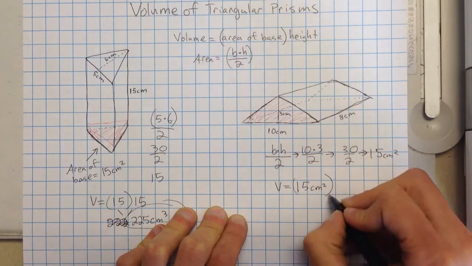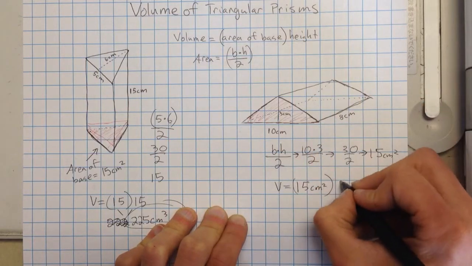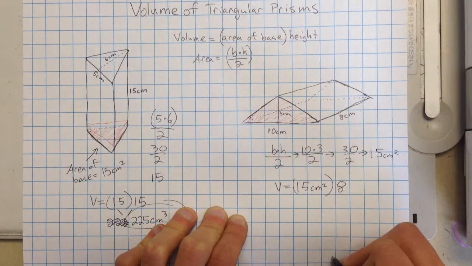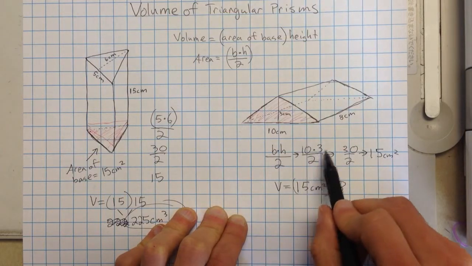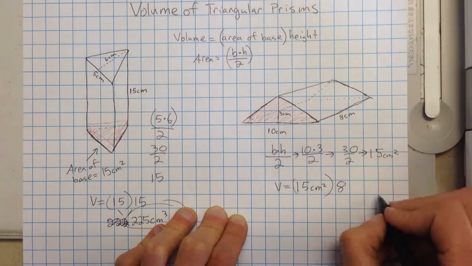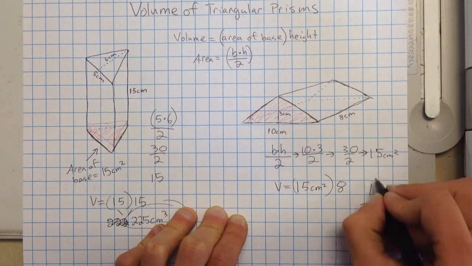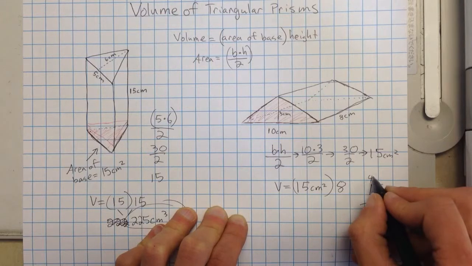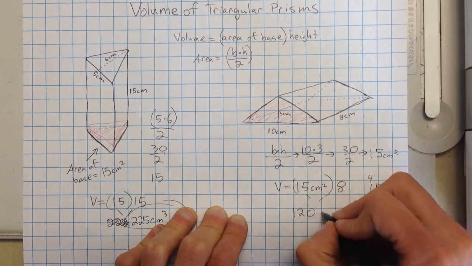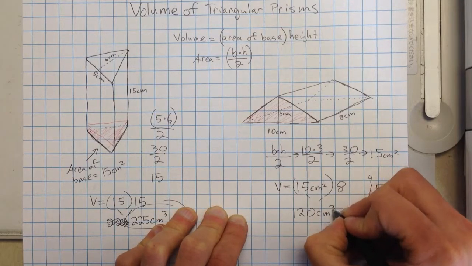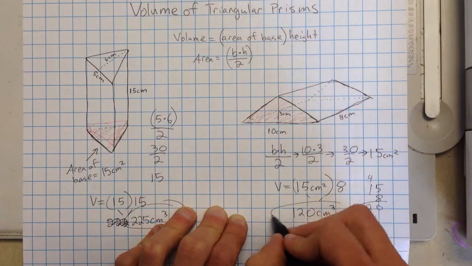You don't have to. 15 square centimeters times this third dimension, this 8 centimeters. So we got 15 times 8. You can write your math over on the side if you want. 8 times 1 is 8, plus 4 is going to be 12. So that's going to give me 120 centimeters. And these are going to be cubic centimeters because it is a volume measurement.